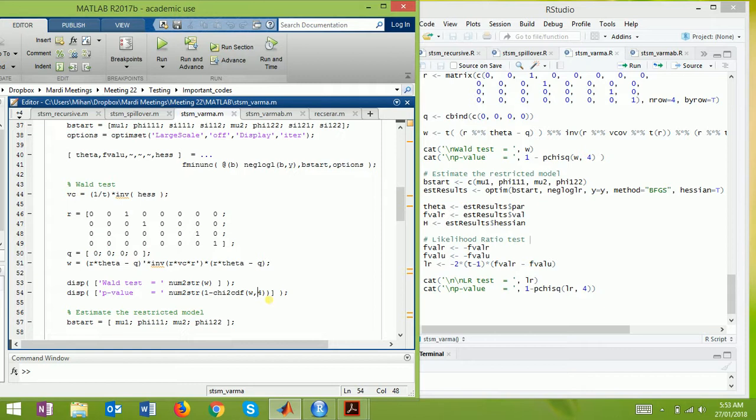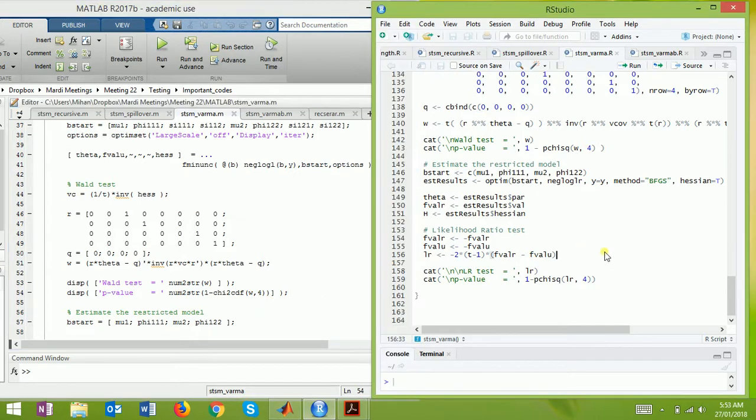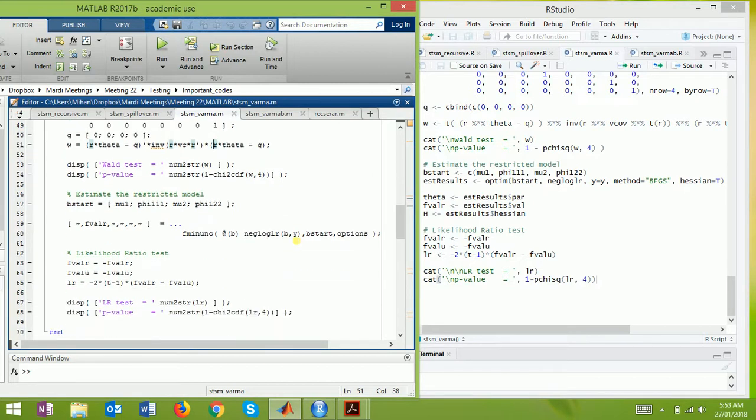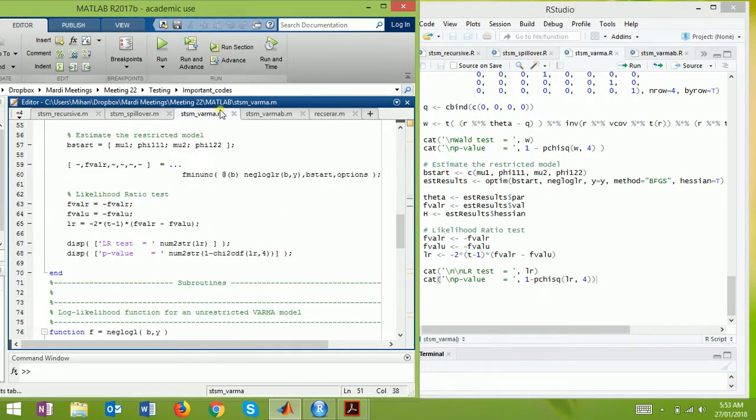We are testing for 4 moving average parameters, so 4 degrees of freedom. Or in other words, if we take the difference between the equations, the unrestricted and restricted, that is 4. So very simple. That concludes the VARMA model.